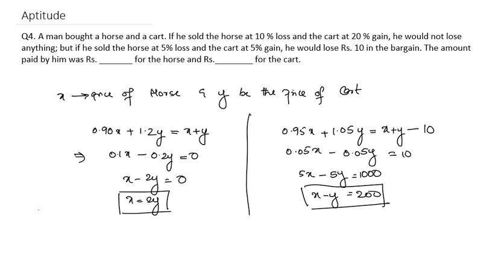Solving these two equations, you will get 2y minus y is equal to 200, or y is equal to 200. Therefore x is equal to 2y is equal to 400.